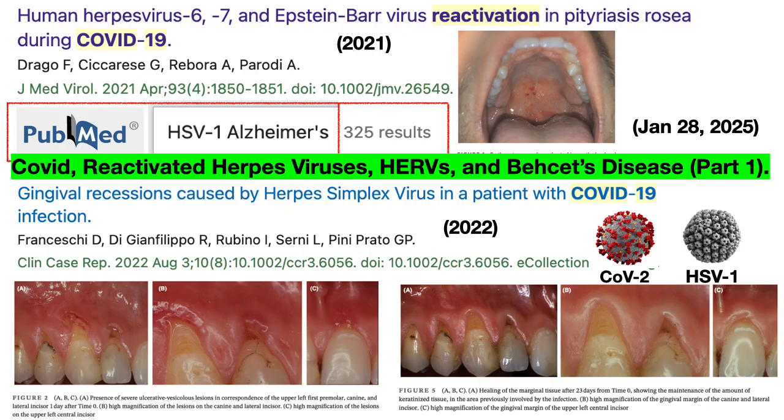Now, in the bottom part of this slide, I'd like to discuss certain types of lesions in the oral cavity: gingival recessions, where the gums are receding from the teeth. These recessions are caused by herpes simplex virus in a patient with COVID-19 infection.